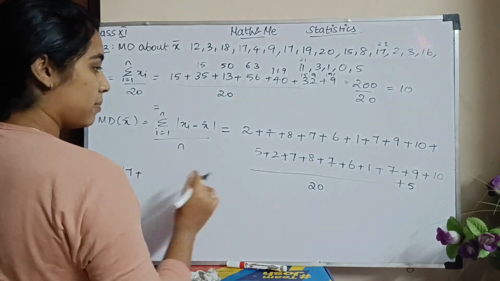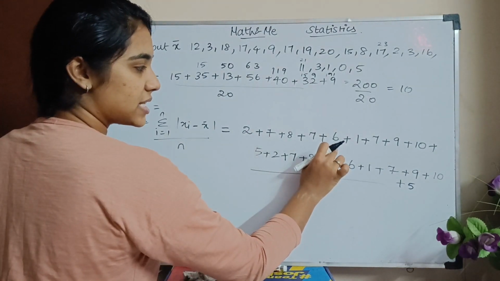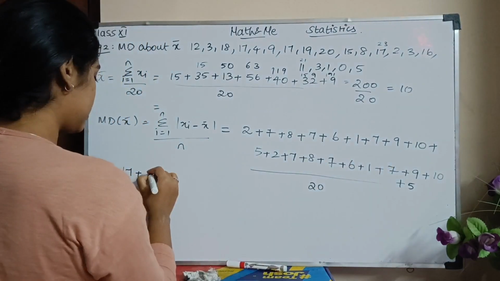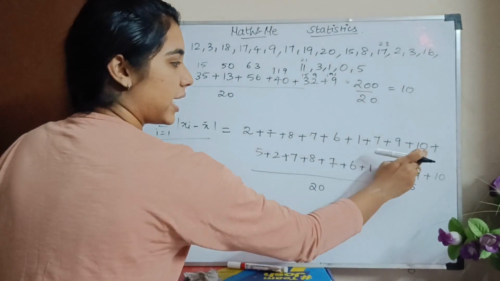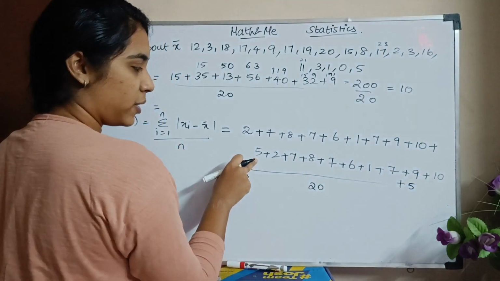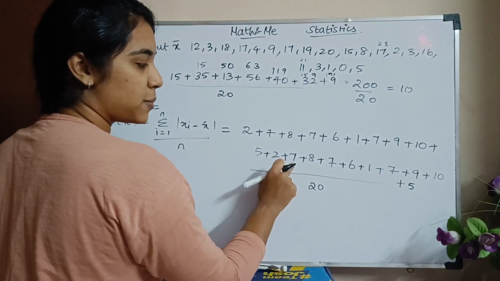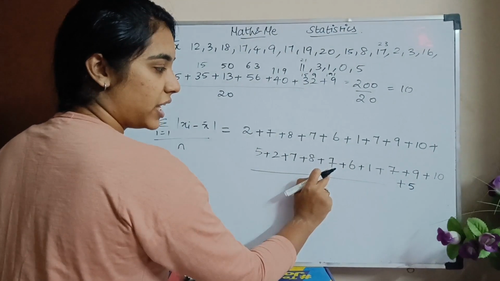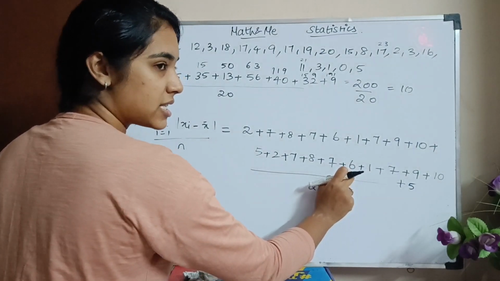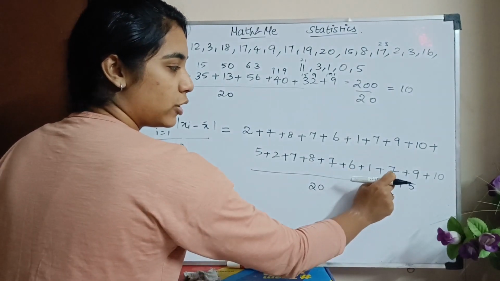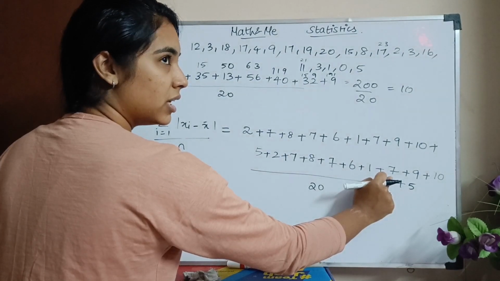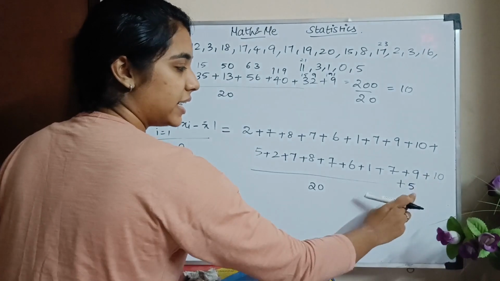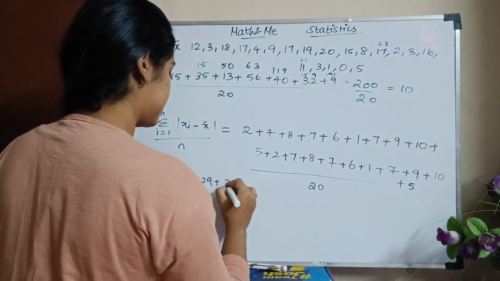So 17, these three are done. Now 7 plus 6 is 13, 13 plus 1 is 14, 14 plus 7 is 21, 21 plus 9 plus 10 is 19, 19 plus 5 is 24, 25, 26, 26 plus 7 is 33. 8 plus 7 is 15, 15 plus 6 is 21, 22, 22 plus 7 is 29. Plus 9 plus 10 is 19, 19 plus 5 is 24.